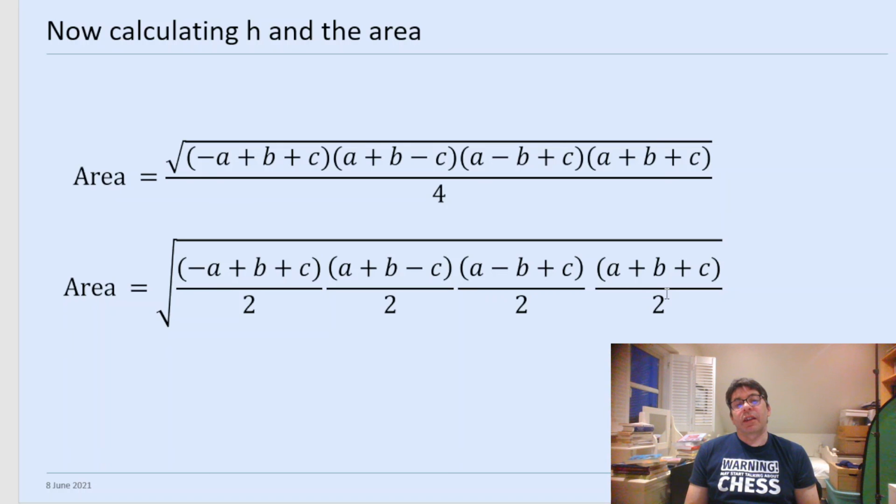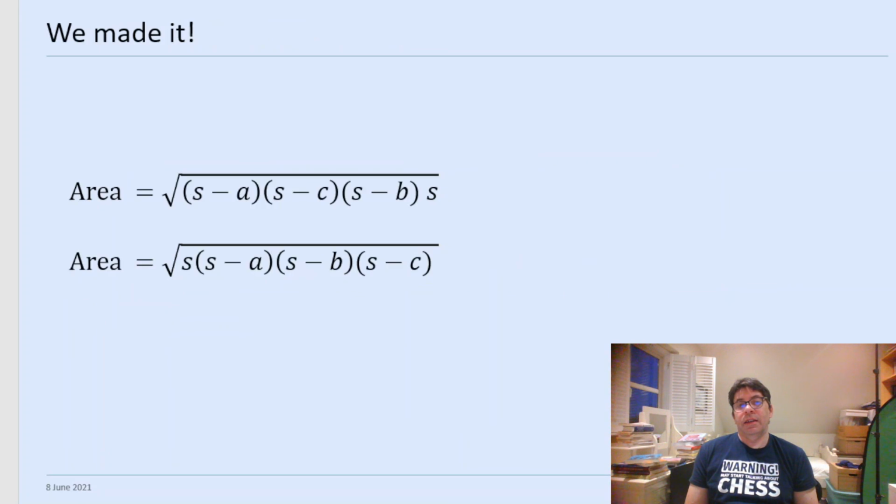And now all of a sudden we realise that a plus b plus c over 2 is the semi-perimeter. That's s. This is s minus b. This is s minus c. This is s minus a. It looks like this. s minus a, s minus c, s minus b times s. Change the order of the terms and we made it! Exclamation mark. The area is square root s, s minus a, s minus b, s minus c.